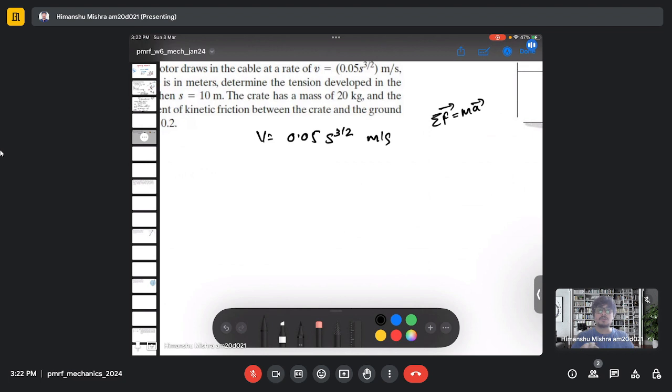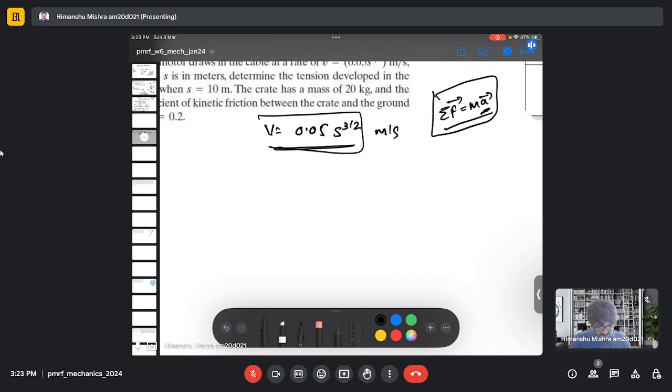So if we want to do the force balance analysis, we need the acceleration here. And clearly in the question we are given the velocity which is a function of distance. So from this expression we actually calculate the acceleration, and then we can use that expression of acceleration to do the force balance analysis. And by the force balance analysis we can actually calculate the unknown force, which is tension in this case. Well, the friction force is also the unknown force here.